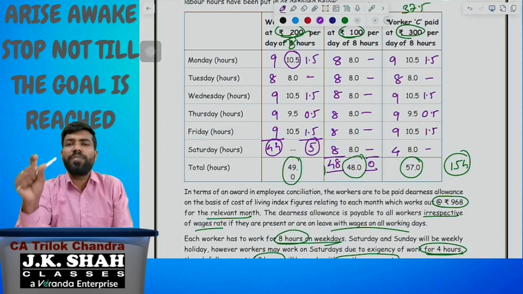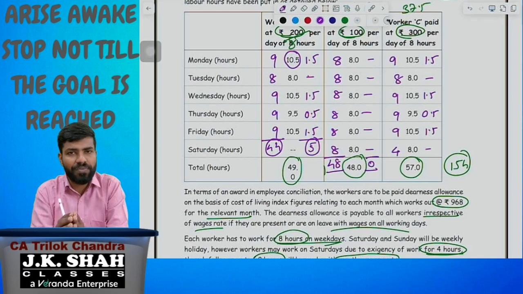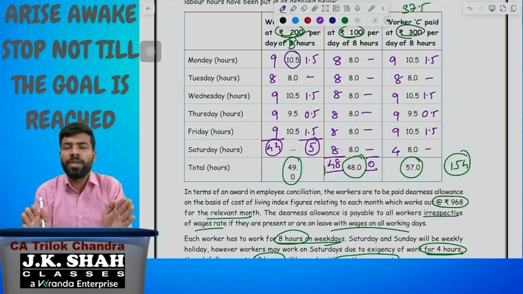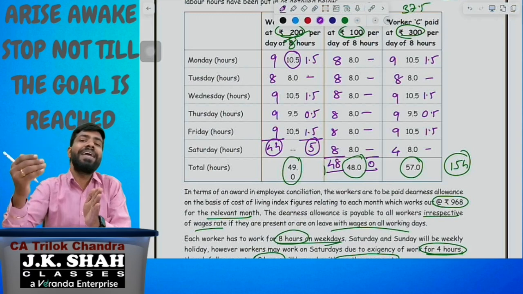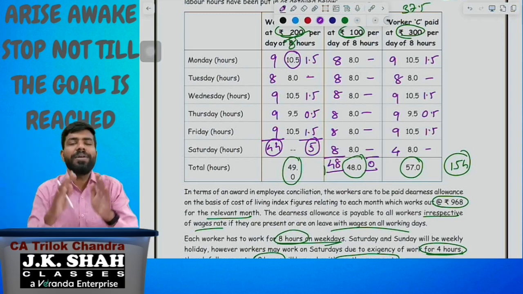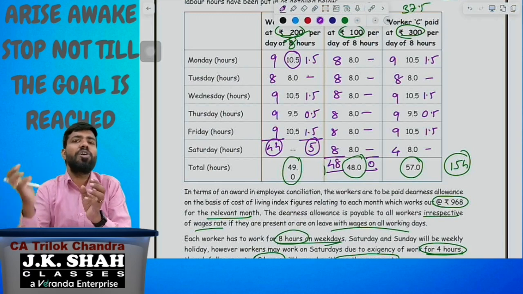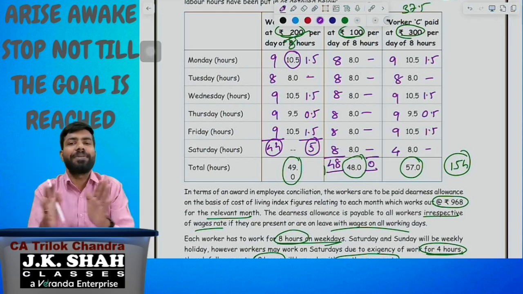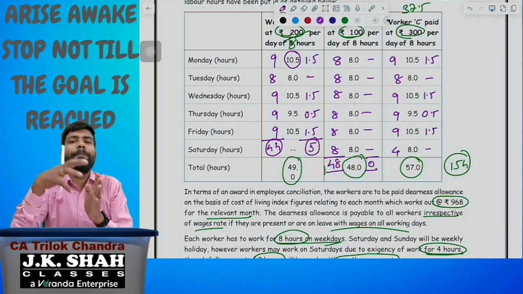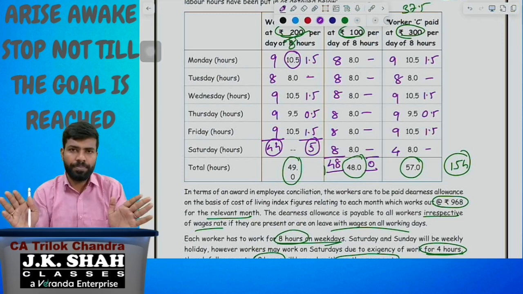That extra 4 hours payment is an incentive or bonus kind of thing, but it is not overtime. What is overtime? Working beyond 9 hours in a day. But here there is no overtime. It is the extra compensation given to the worker. That extra compensation will be given at the normal hourly rate, not at the overtime rate.